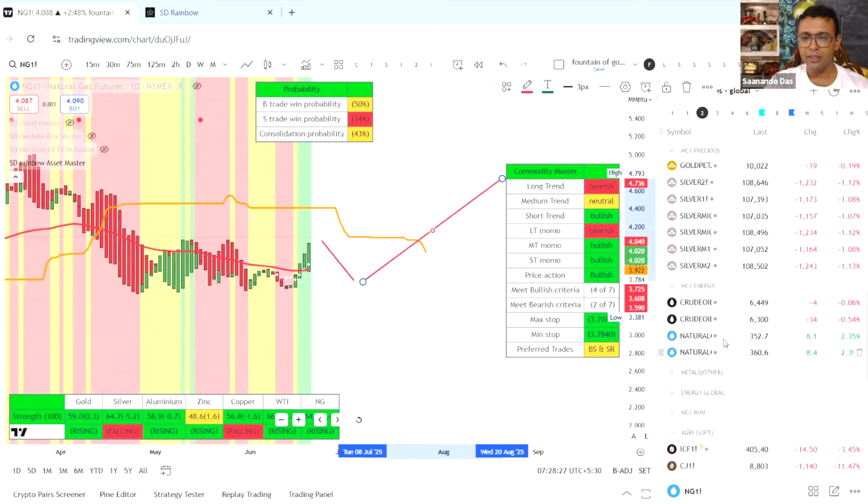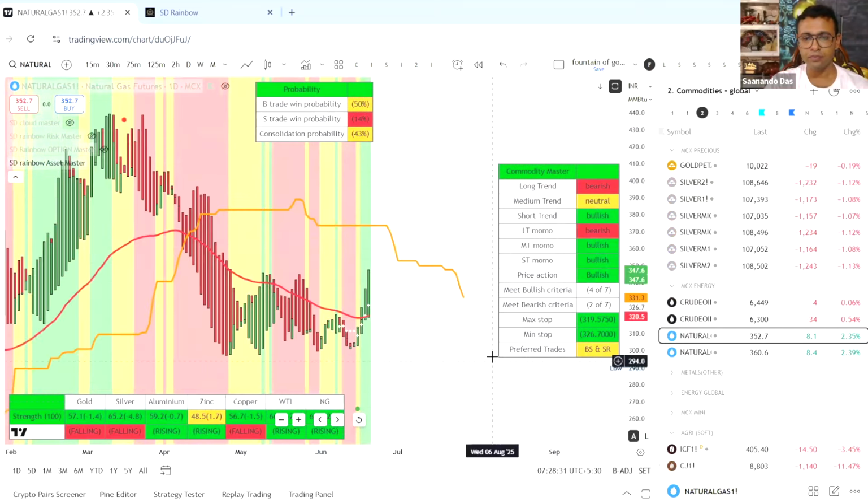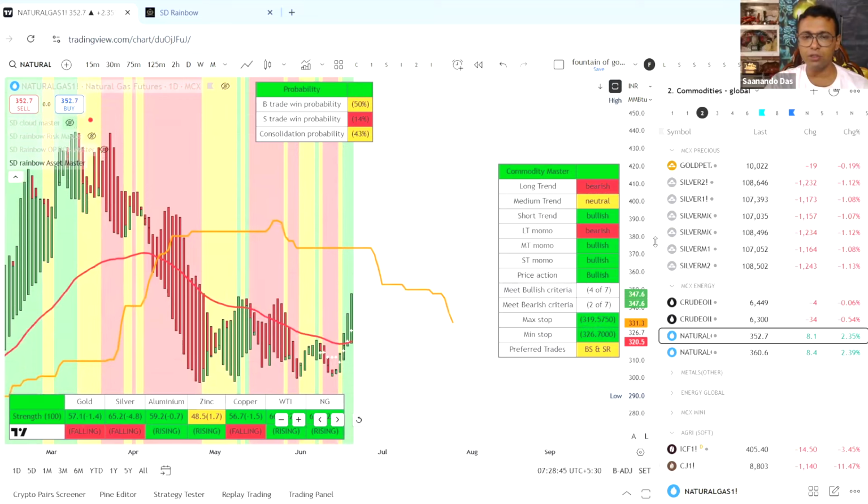If I look at Indian natural gas, similar picture, lot of resistance, so kind of a box range. I think very likely it could go for a correction and then break higher, but that's a possibility.